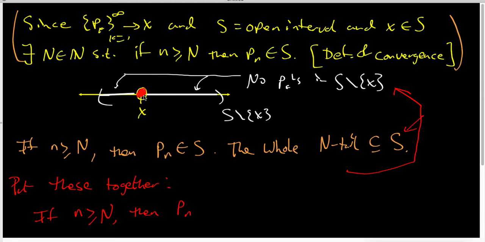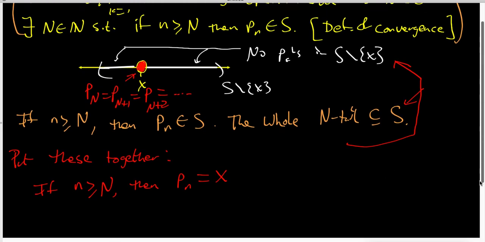Pn has to be equal to X. So Pn is equal to X. In other words, that point is P capital N, it's P capital N plus 1, it's P capital N plus 2, and so on. As long as n is bigger than capital N, Pn is equal to X.